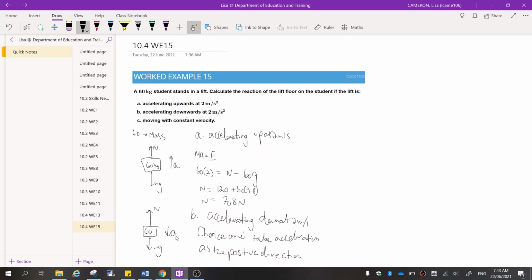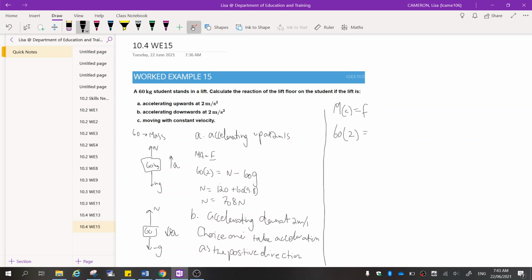Down here, this one, it's going down, which means that's going to be our positive force. So we're just going to start to solve this. Now, you'll see that both of these get the same answer. It's just the textbook jumps between the two different ways, so I'd like you to see both. So, mass times acceleration equals your force. Our mass hasn't changed. Our acceleration is 2.